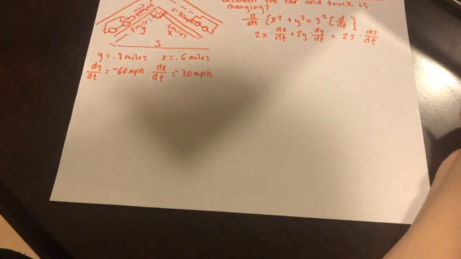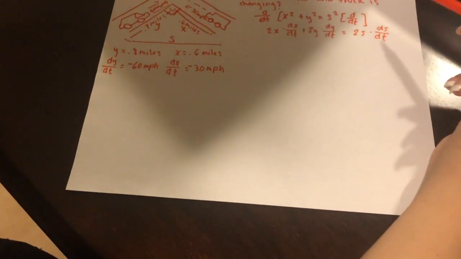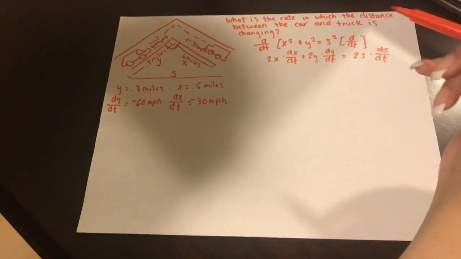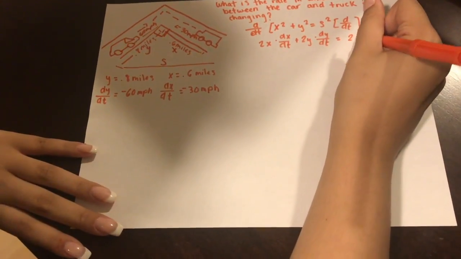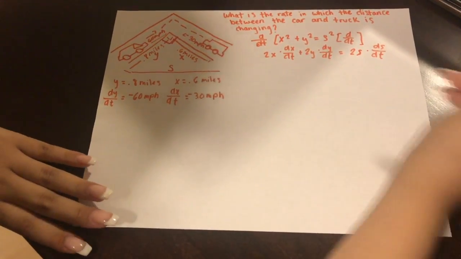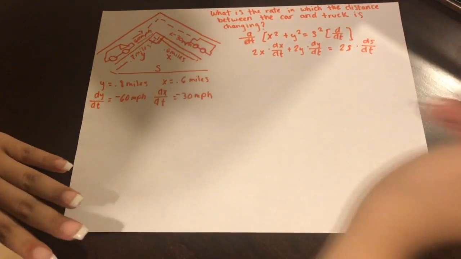Now we can't solve just yet because we are trying to solve for the rate of s, which is ds over dt, but we still don't know the s. So we are going to use the Pythagorean theorem to help solve for s.